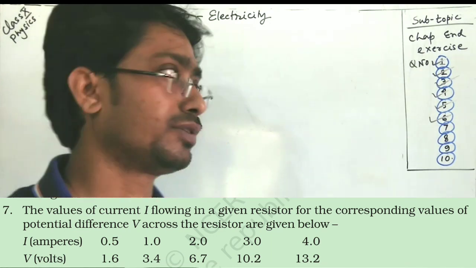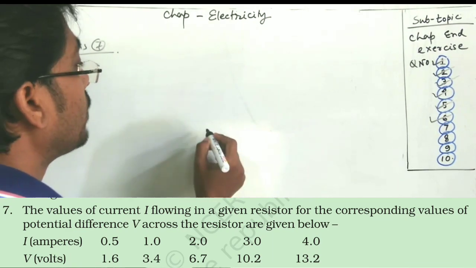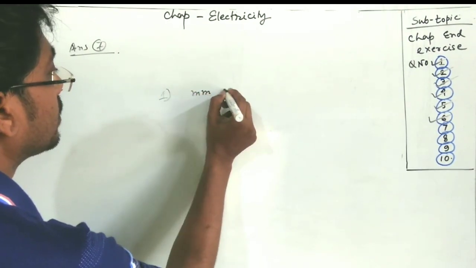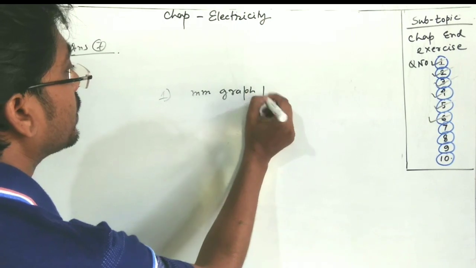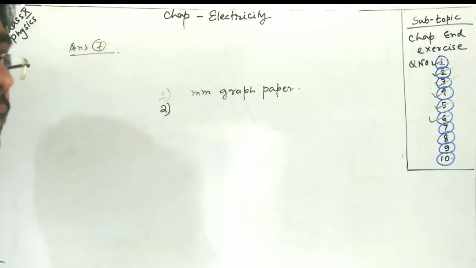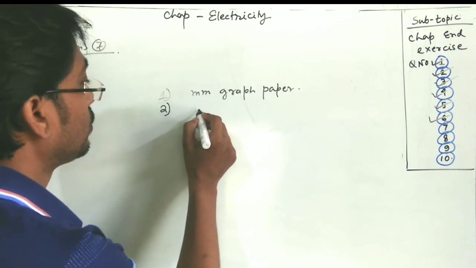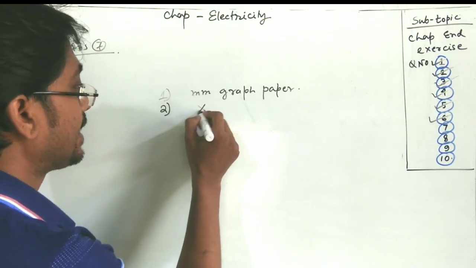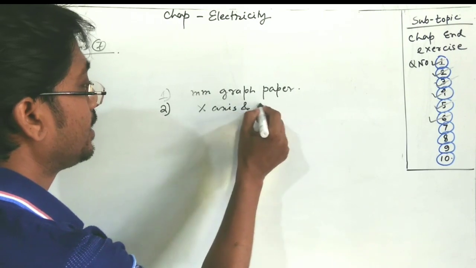Okay, Ohm's law experiment. So first of all what you have to do, take millimeter graph paper, and then you have to draw two perpendicular axes, x axis and y axis.